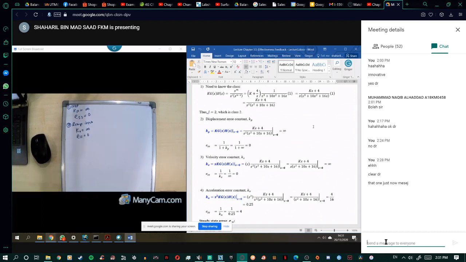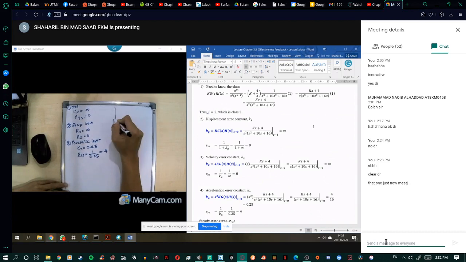Then for the parabolic input, you get Ka equal to 0.25, and then the steady state error is 1 over 0.25, which equals 4. What does this mean? Let's say this is your step input.